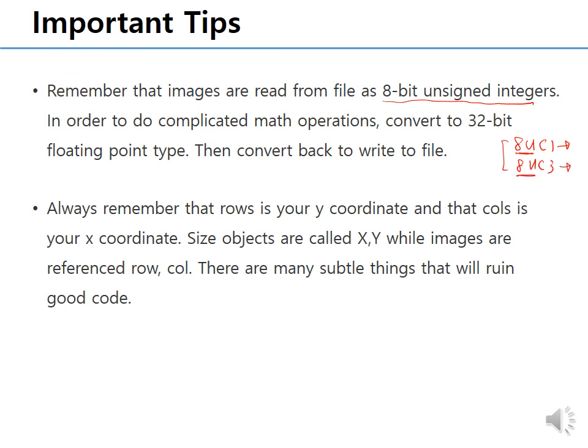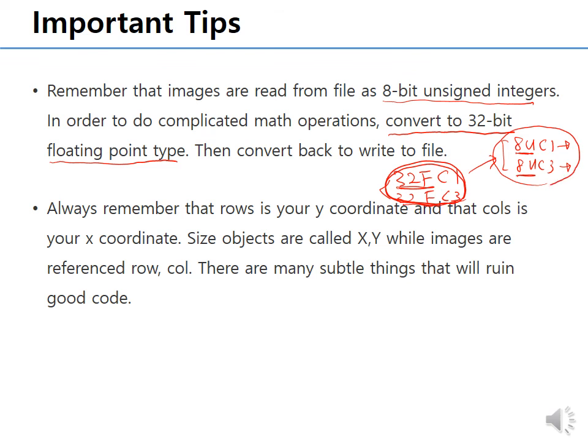Even though we read that image file using 8-bit unsigned integers, in order to do complicated math operations, we should convert this image to 32-bit floating point type, 32FC1 or 32FC3. Then convert back to write the file. So in calculation of a complicated algorithm, we should use 32-bit float format. Then in order to save that image, we should go back to 8UC1.